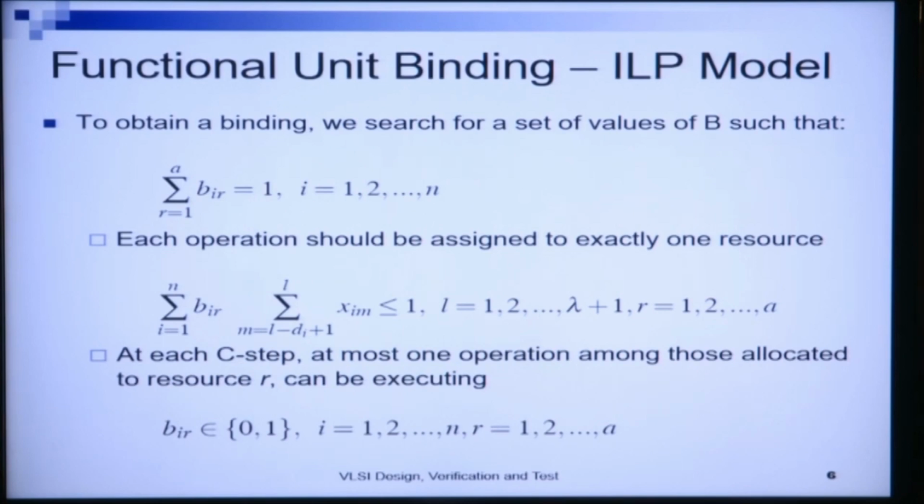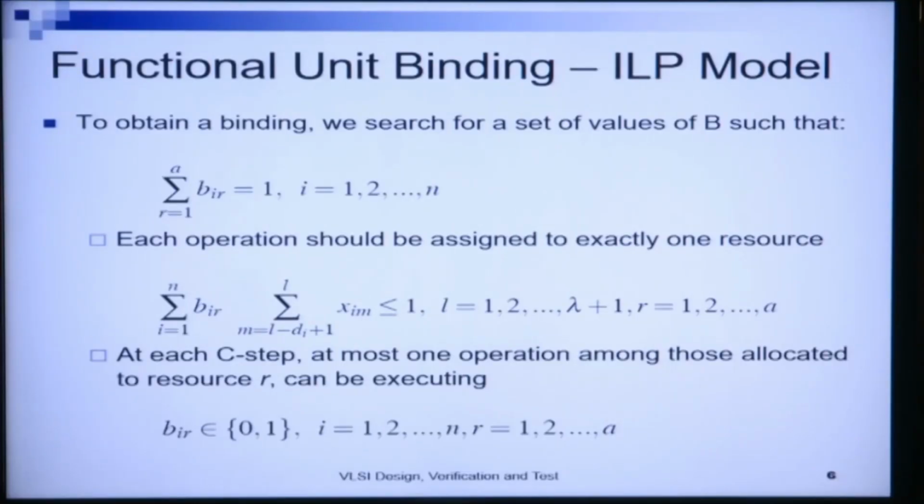So the multiplication gives me all those operations bound to resource r that are currently executing. Now, there cannot be two operations at a given time that are bound to resource r and are both executing, and hence this value has to be less than or equal to 1. Therefore, we get what we want: at each C step, at most one operation among those allocated to resource r can be executing.